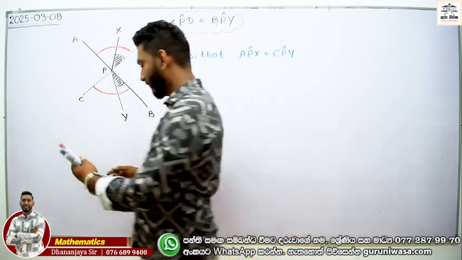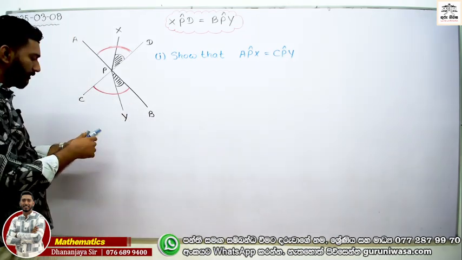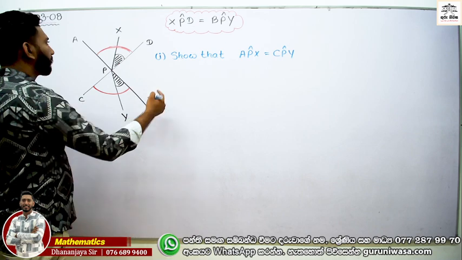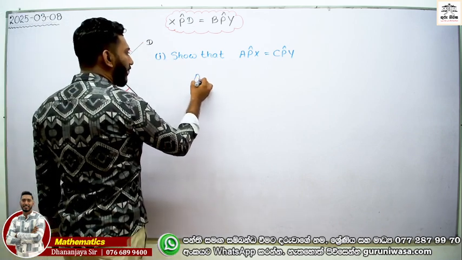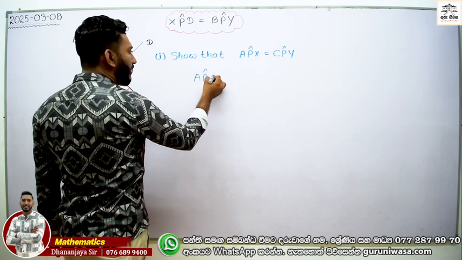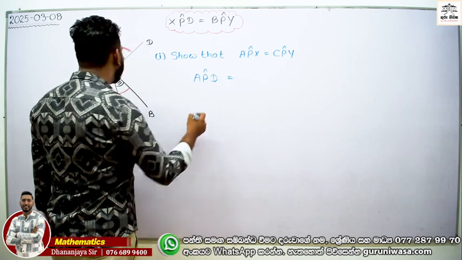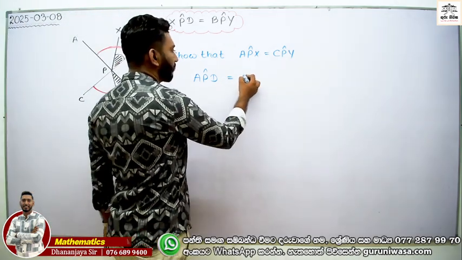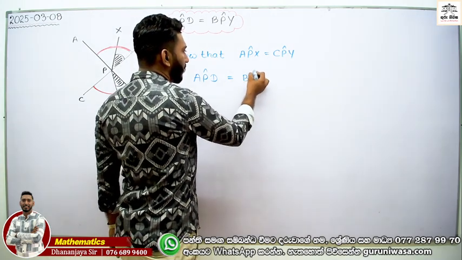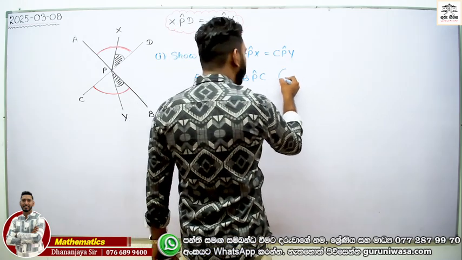Now look at that. Question number 1. Angle APD should be equal to the angle CPB or BPC. What is the reason?